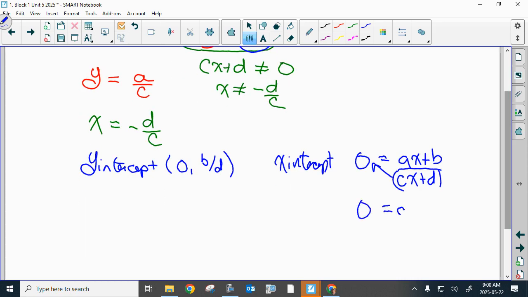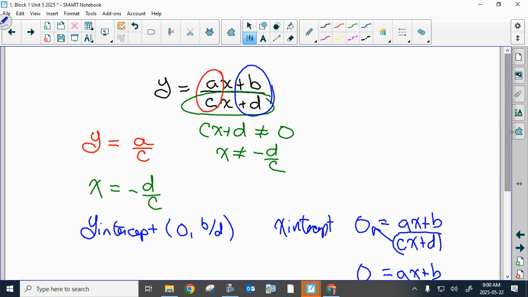And then we would have this, which would be negative b over a. If you look at it as a polynomial over polynomial, I always approach it from the front, and I create my box. I look at it from the front, and then I work my way around, and I make sure I got all those values. But your math can justify it too.